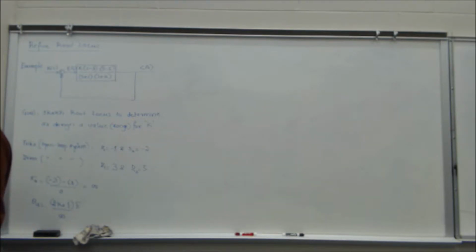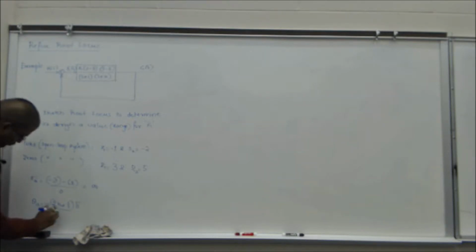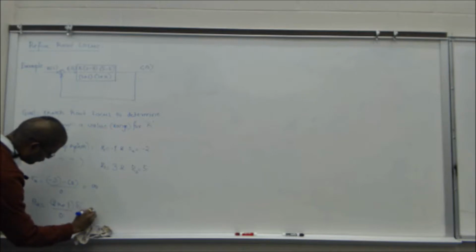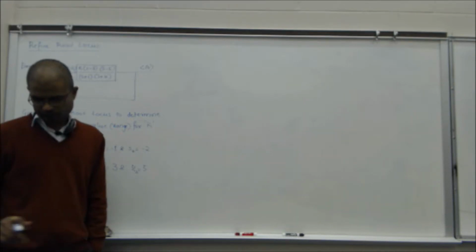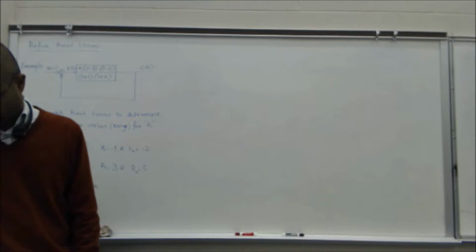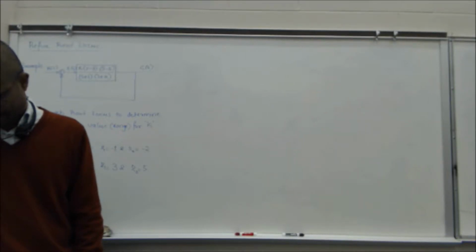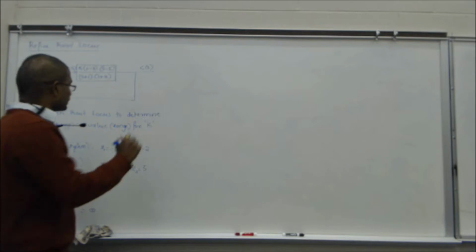It's summation of finite poles minus summation of finite zeros divided by number of finite poles minus number of finite zeros. All right, so this is what you figure out.